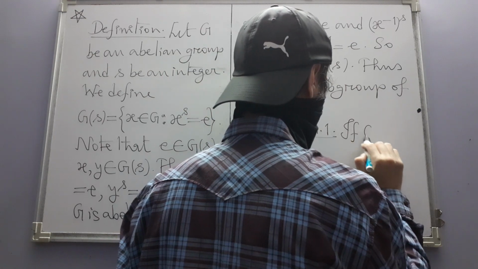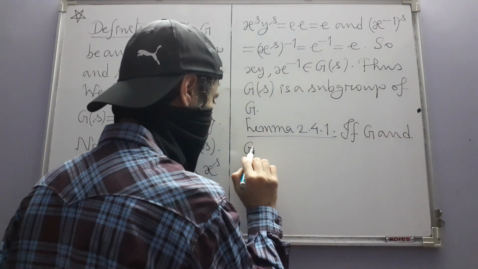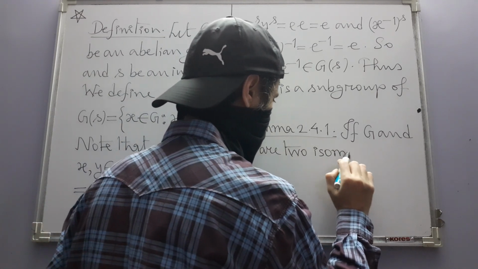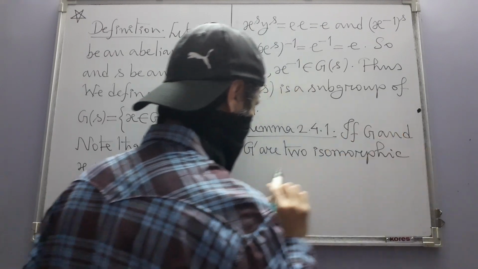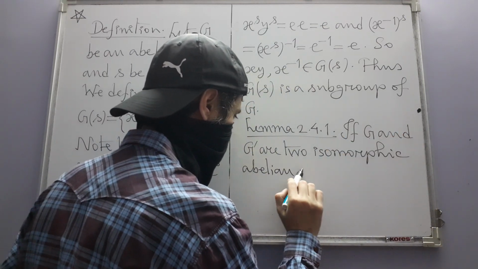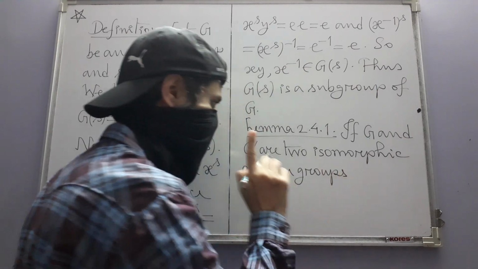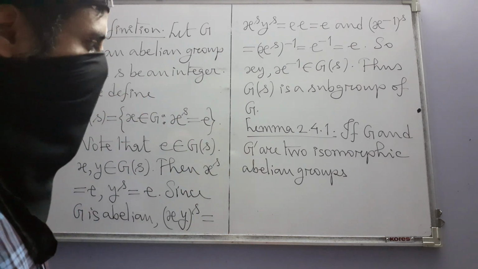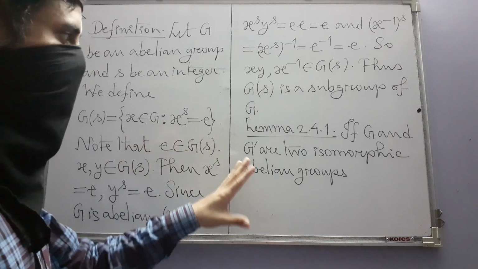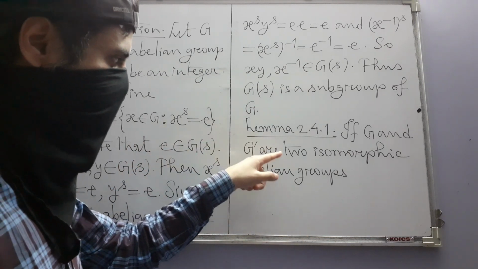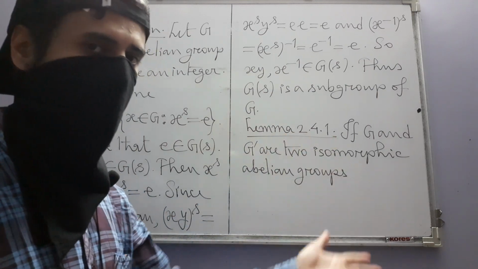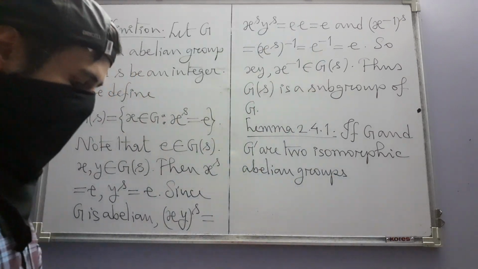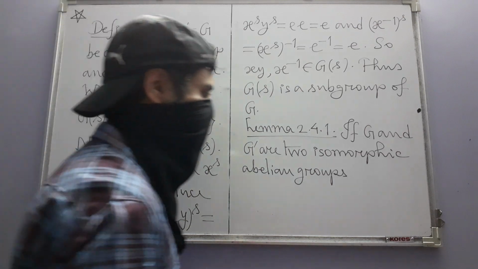If G and G prime are two isomorphic abelian groups, again note that although we are discussing finite abelian groups, that is our main aim, but here we are not really considering finiteness, and the lemma also has been stated for general abelian groups, not necessarily finite.